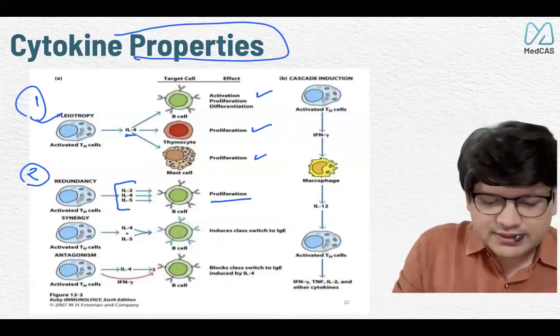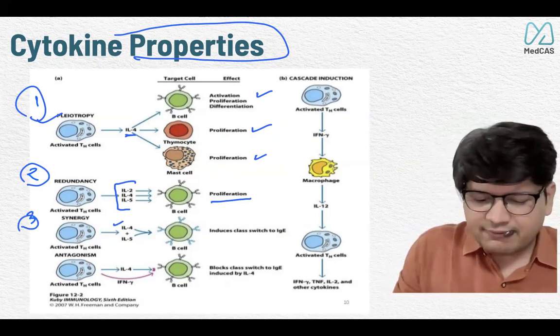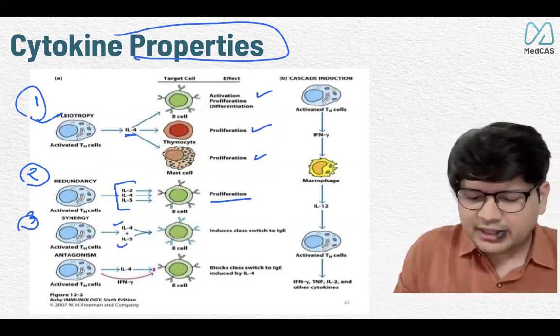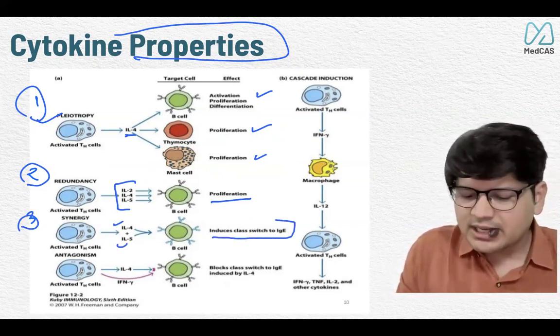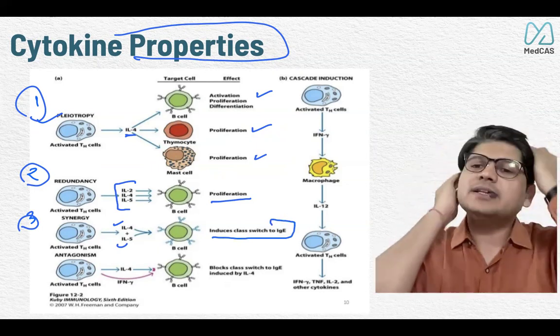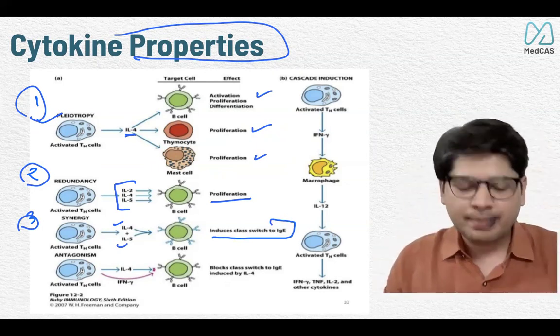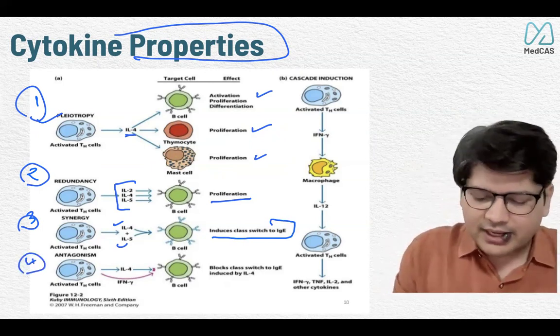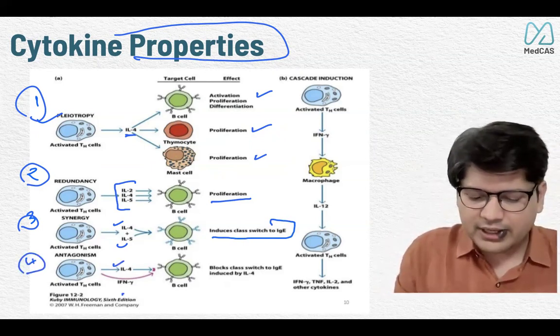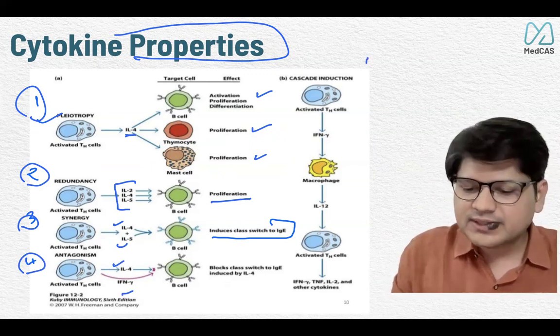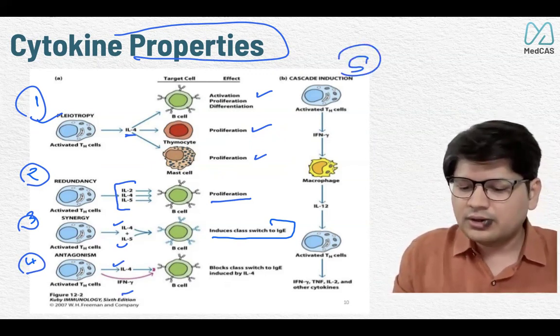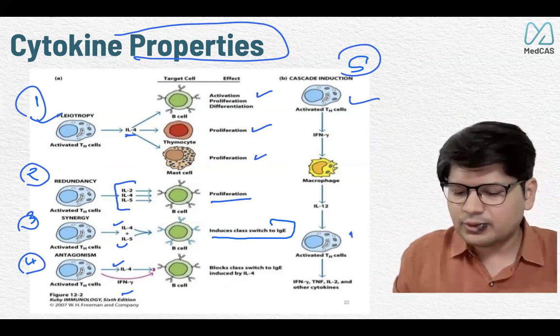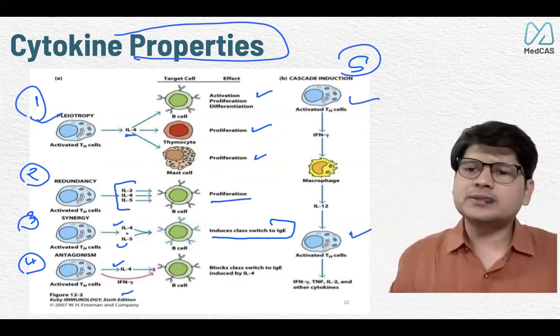The third is synergy: IL-4 and IL-5, if they are together, activate B cell switching to IgE more efficiently than a single one working. So that's synergy. Fourth is antagonism. They can oppose each other, right? IL-4 and interferon gamma. And fifth is cascade induction, which we already saw. The result of one can lead to a result in another, and the total body response can come.